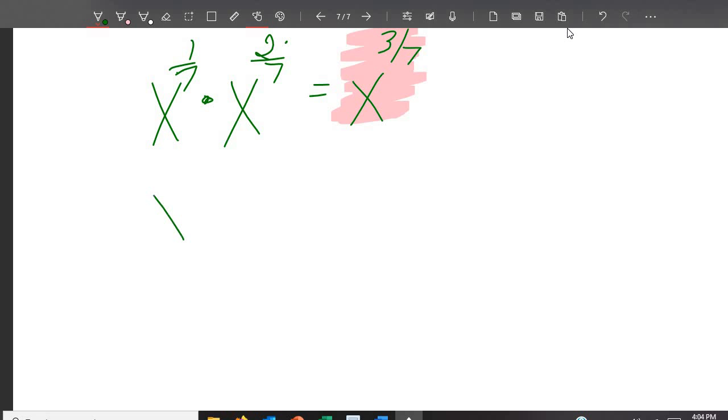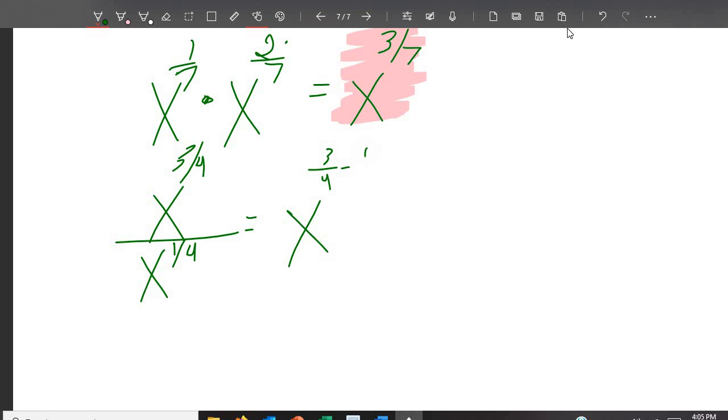Let's say I had x to the 3/4 divided by x to the 1/4. Well, what's the rule for dividing? It's subtracting. So it's going to be 3/4 minus 1/4, which is going to be x to the 2/4 power, but then you simplify your exponents if you can.